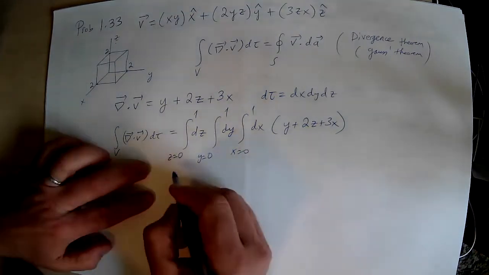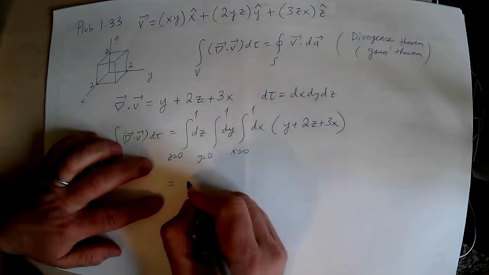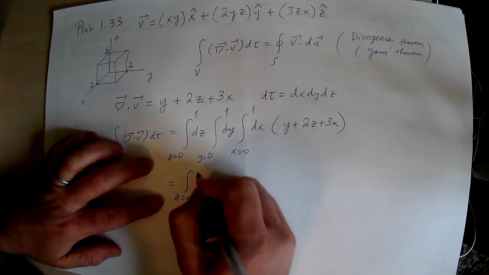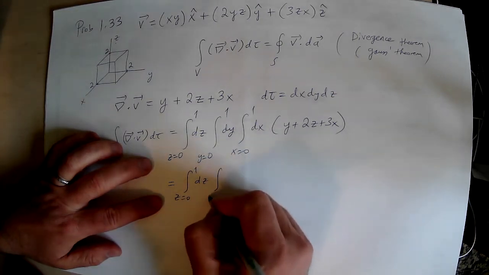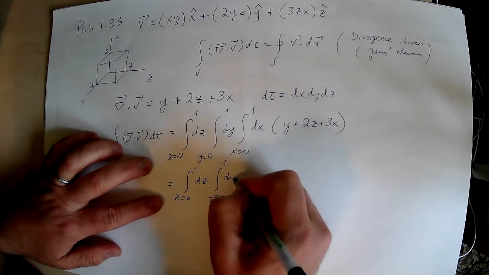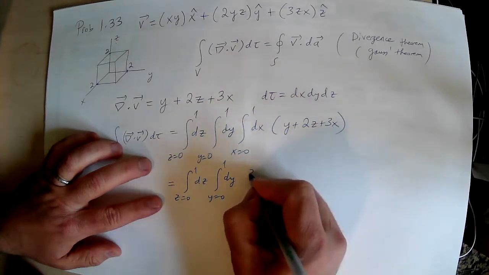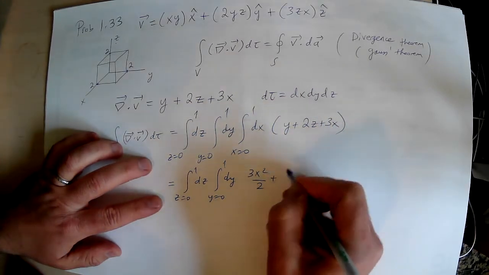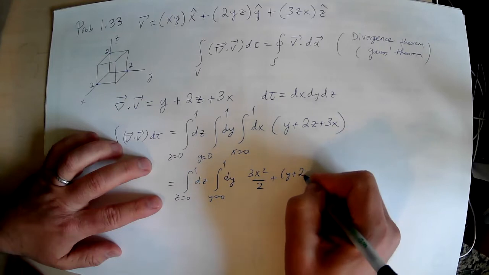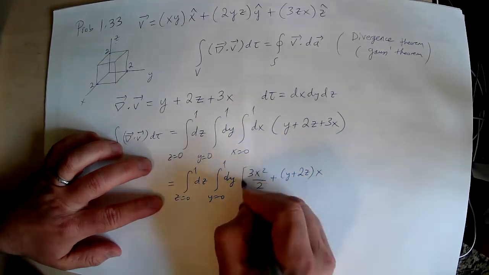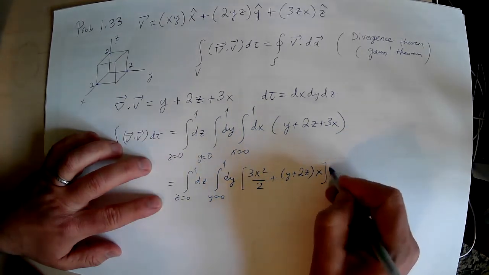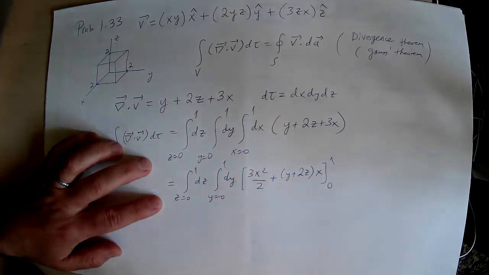Okay, so let's do the first one. Z equals 0 to 1 dz, y equals 0 to 1 dy. This x part will be 3x squared over 2. The others act like constants, so y plus 2z x. So evaluated from 0 to 1.